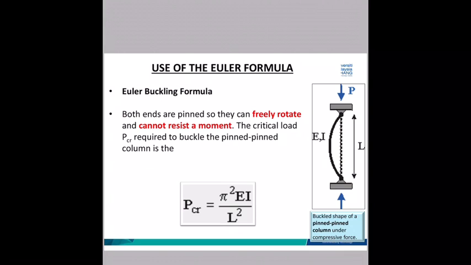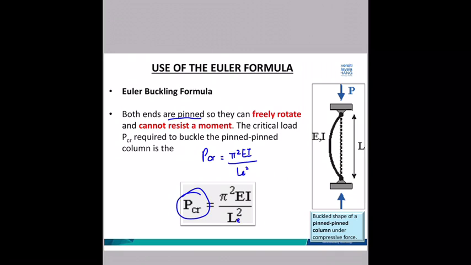The important theory is the Bernoulli theory, from which we will get the Euler formula. Euler formula is used to calculate the critical load of the column. To derive the critical load, we assume that both ends are pinned so they can freely rotate and cannot resist a moment. The critical load PCR required to buckle the pin column is given by this equation, which is PCR is equal to pi square EI divided by LE square.